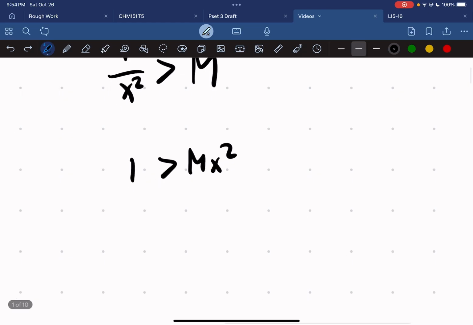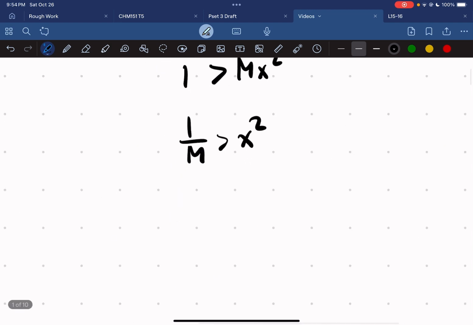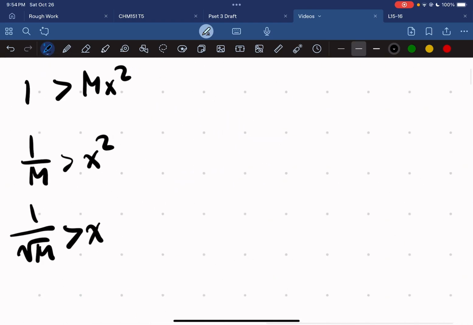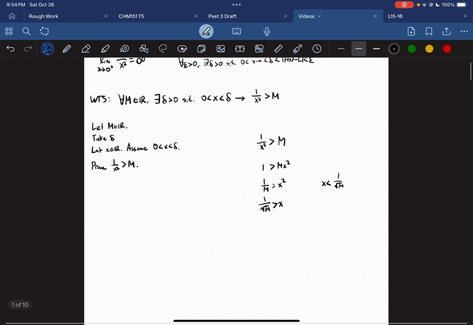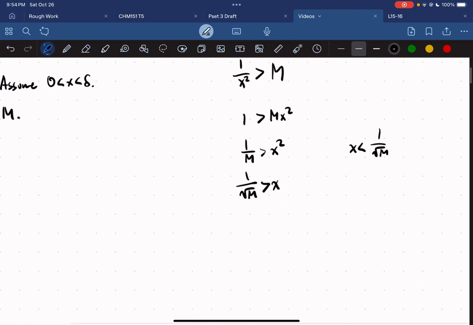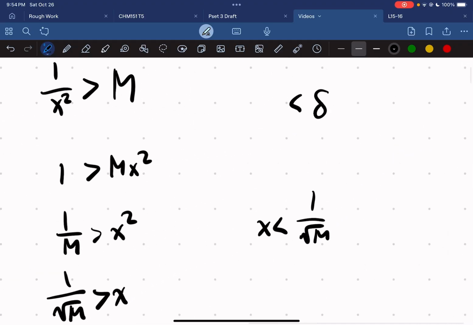So we're just seeing, all right, what can be proved? Okay, what if we divide each side by m? Okay, so now we need to prove that. And now if we square root both sides. Okay, so if we can somehow prove that x is less than 1 over root m, then we've proven our statement, right? Because we can just rearrange to get the other way. Okay, so we want to choose a delta such that this will be true.